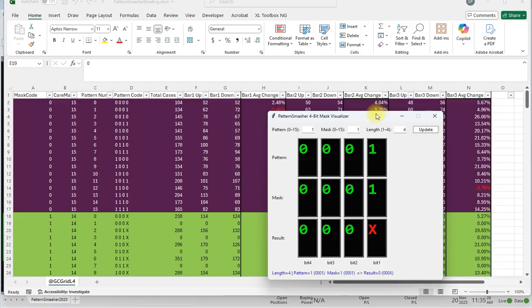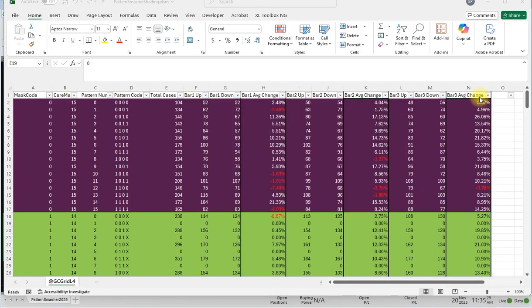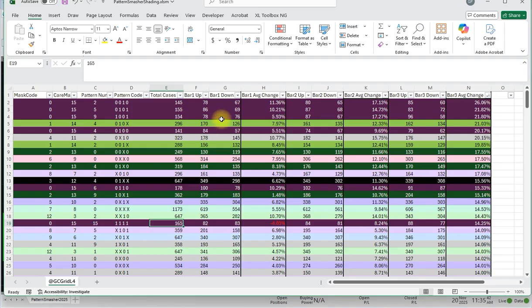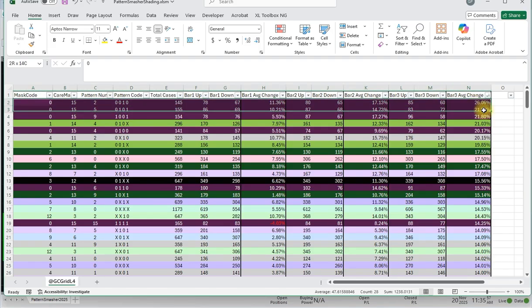Now, if we go back over here and we sort this by bar 3 average change in price from highest to lowest, sorry about that, you'll notice that the best 3-day change in price was generated by PatternSmasher 2024, because we're looking at mask code 0.